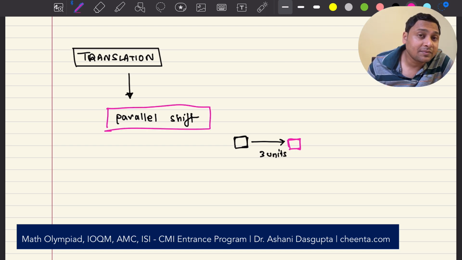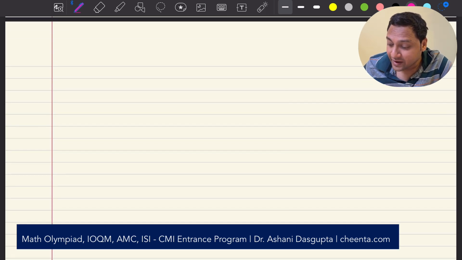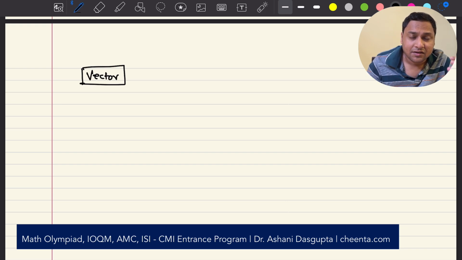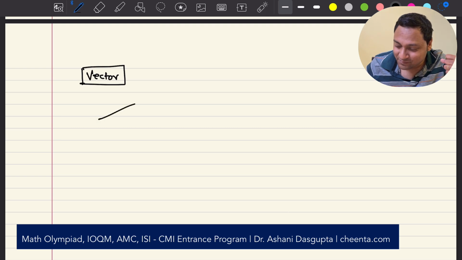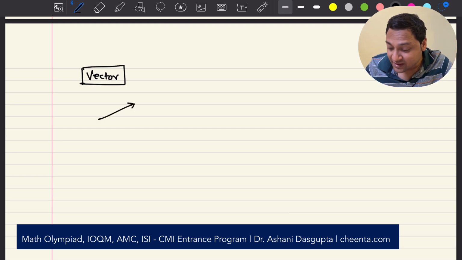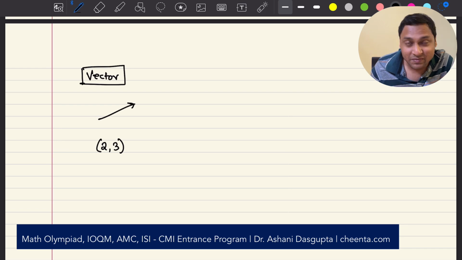So to describe translation, you need something called a vector. The idea of vector is very interesting in mathematics. You may think about arrows as vectors. Some people do that. Some people represent vectors by coordinates. 2, 3 is also a vector for these people.